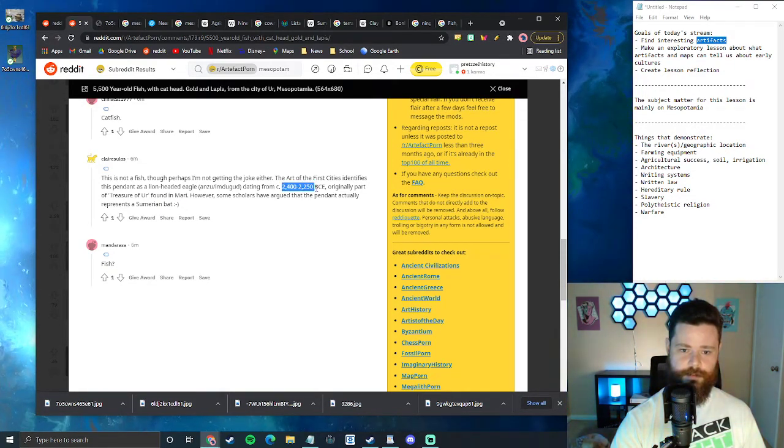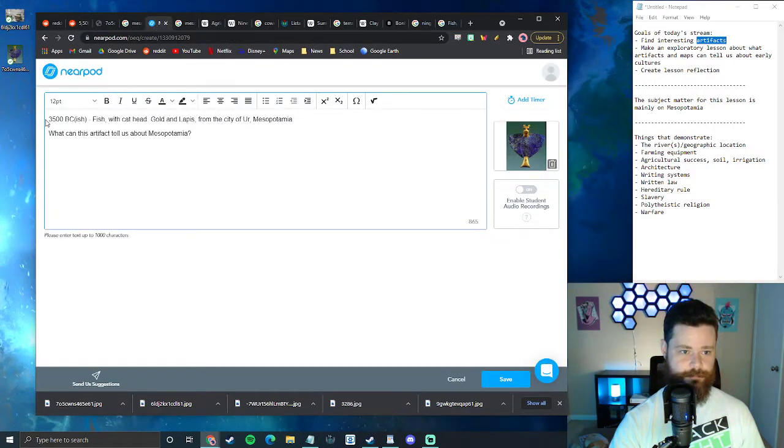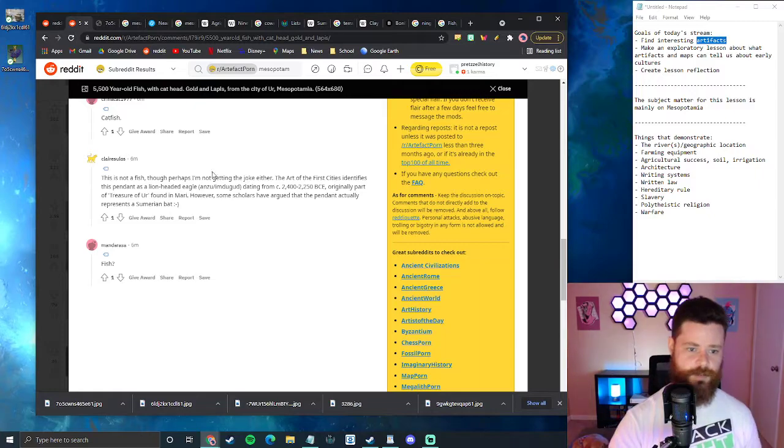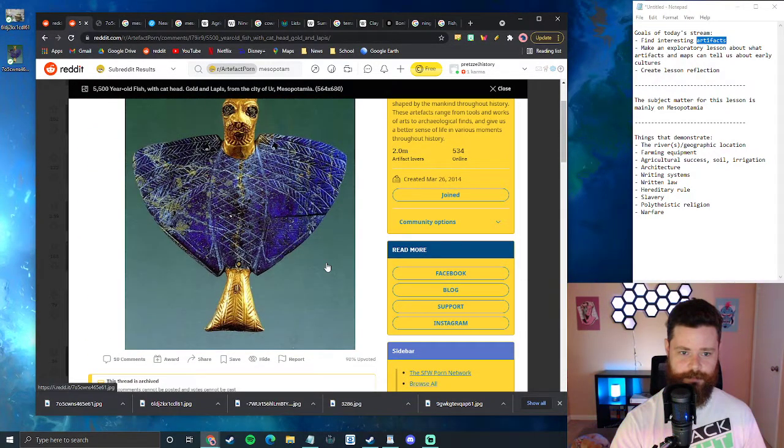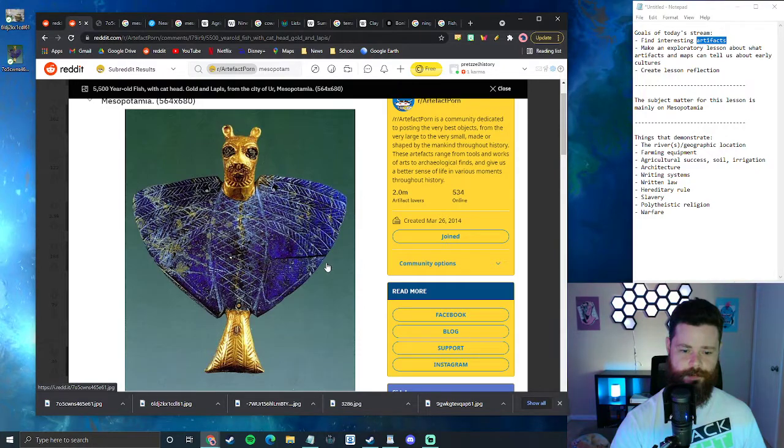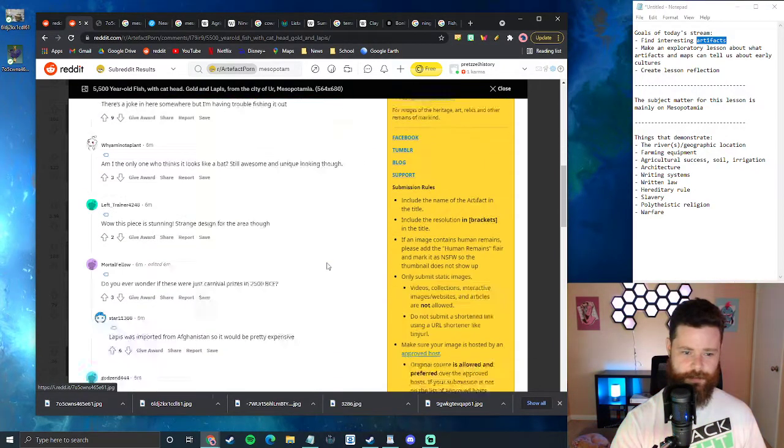So let's do this. It's a little bit more specific. Originally part of Treasure of Ur, found in Mari. However, some scholars have argued that the pendant actually represents a Sumerian bat. Huh. I could maybe see that.